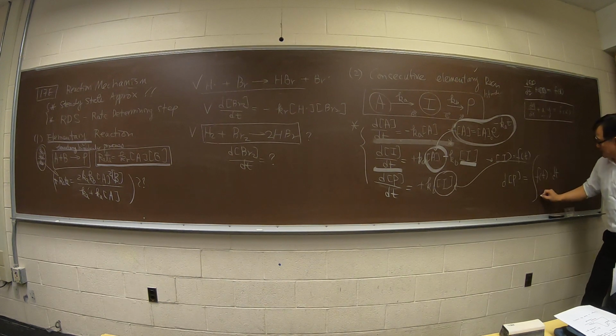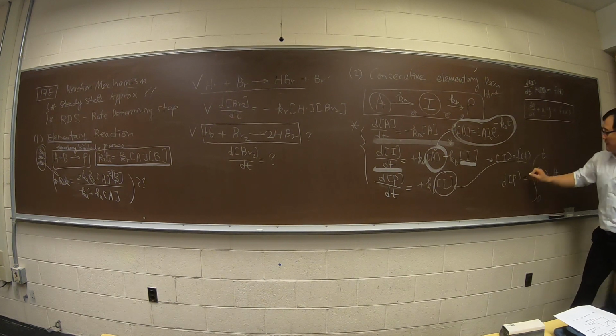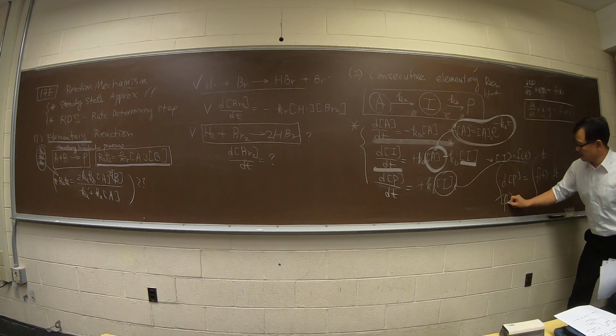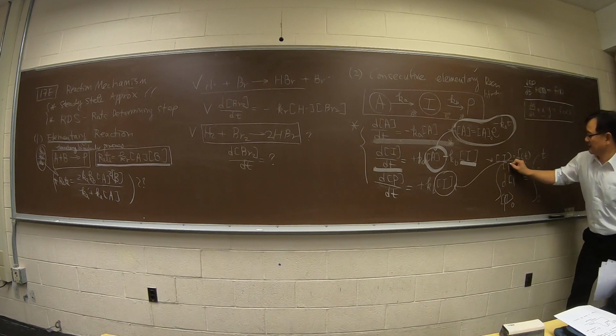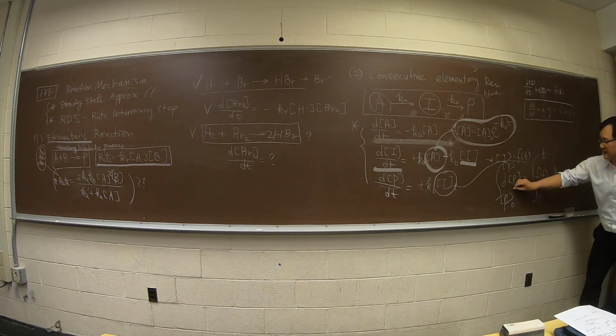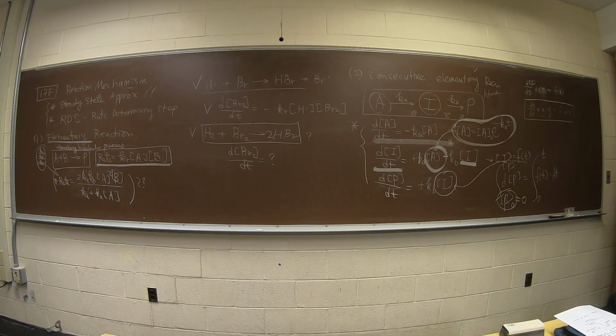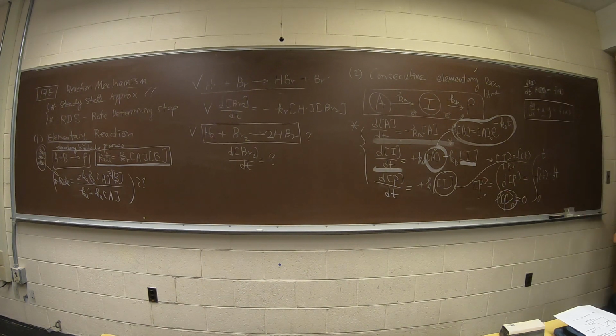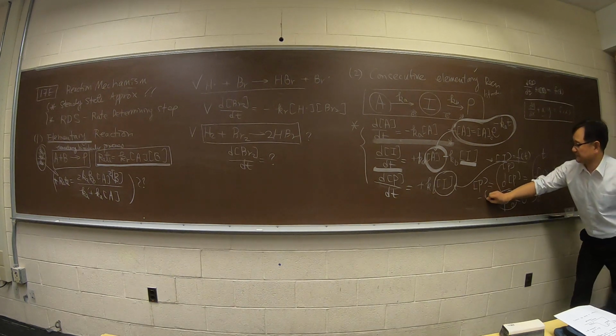And then it goes from 0 to t, from p naught to p, which is just differences. And since you don't have any product in the beginning, that's 0. So this one on the left is simply p minus 0, which is just p.